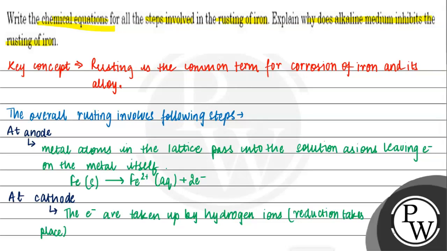The H+ ions are obtained either from water or from acidic substances in water. क्योंकि हमें पता है rusting takes place in the presence of moisture from water or from acidic substances in water.